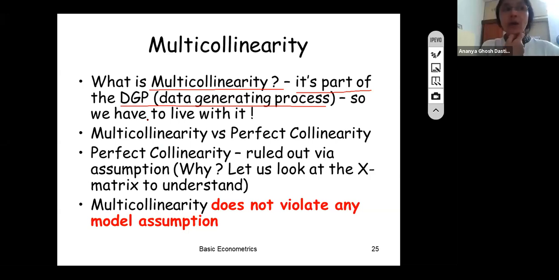Now, let me first of all set the record straight, distinguishing multicollinearity from perfect collinearity. What is perfect collinearity? Perfect collinearity is actually something that is ruled out via assumption. We just said that, right? We said that the explanatory variables should not have correlation of 1 or -1. Why is that?